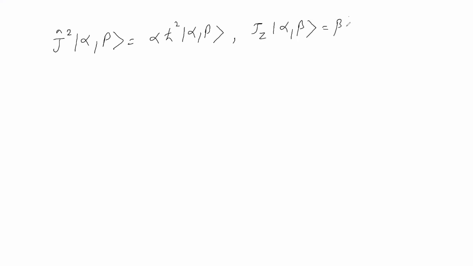What I was talking about was where it got disconnected. Yes. What we were discussing was the following: J square acting on alpha beta is alpha h cross square alpha beta, and Jz acting on alpha beta is beta h cross alpha beta.